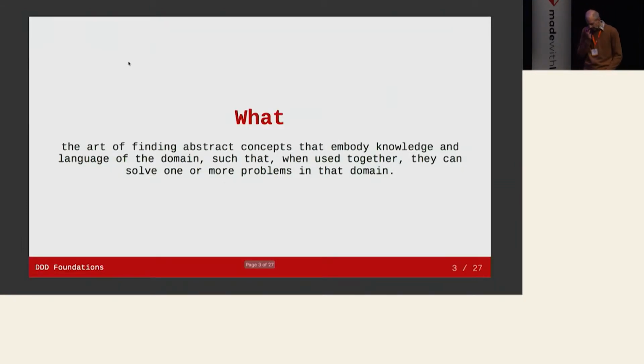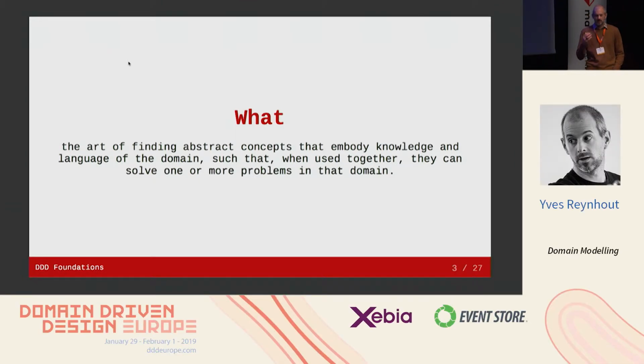So what is domain modeling? Well, domain modeling is basically a bit of an art form. It's not something you can say is a science of sorts. It's not that when I'm on a project, there's a systematic approach to this. What you're trying to do is find concepts, abstractions that fit the domain you're in, and then capture a lot of knowledge and language in doing so.